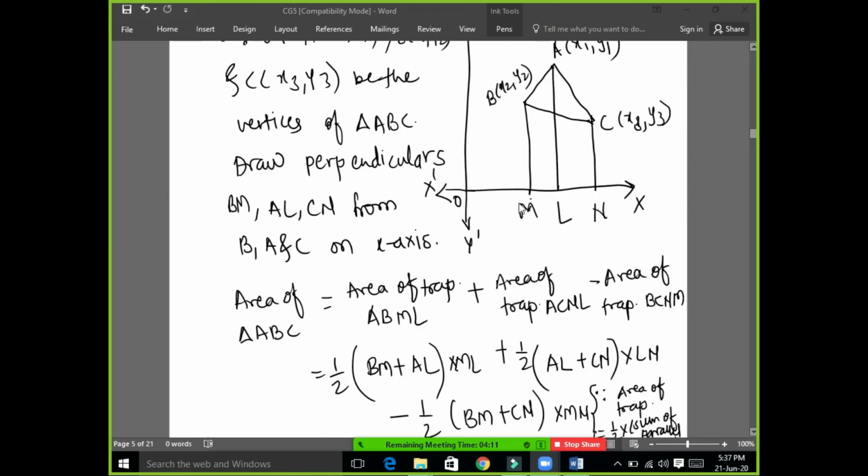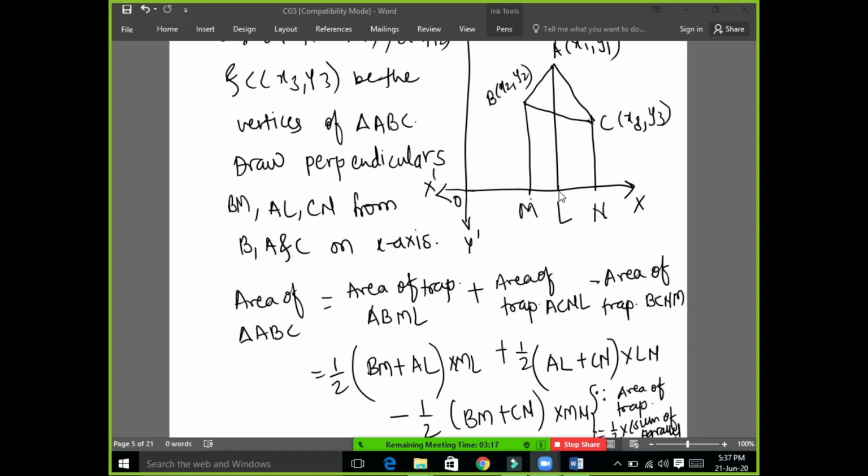Similarly AL is again a vertical distance, so it is Y1, plus CN is again a vertical distance, it is Y3. LN is X3 minus X1, because LN cannot be directly calculated, so it is ON minus OL, where ON is X3 and OL is X1. BM is again a vertical distance, so it is Y2, BM plus CN, CN is Y3, into MN.